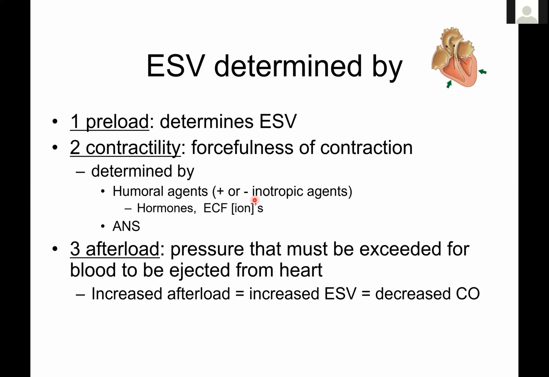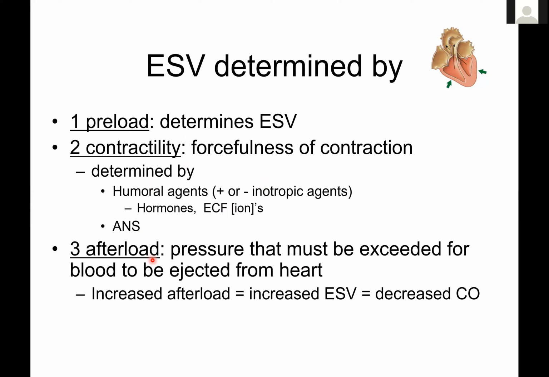So inotropy is affecting permeability to ions. That's what this means. So positive or negative inotropic agents are going to be humoral agents like hormones that can change the permeability of the contractile cells or the conducting cells to different ions, or the concentration of ions in the extracellular fluid. So I mentioned potassium and calcium previously are going to change that. So that's an example right there. And then, of course, the autonomic nervous system.